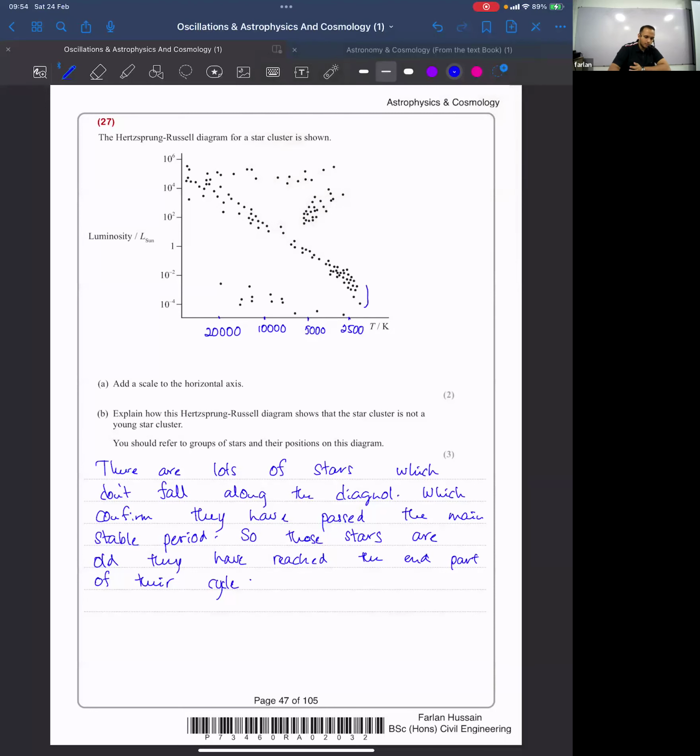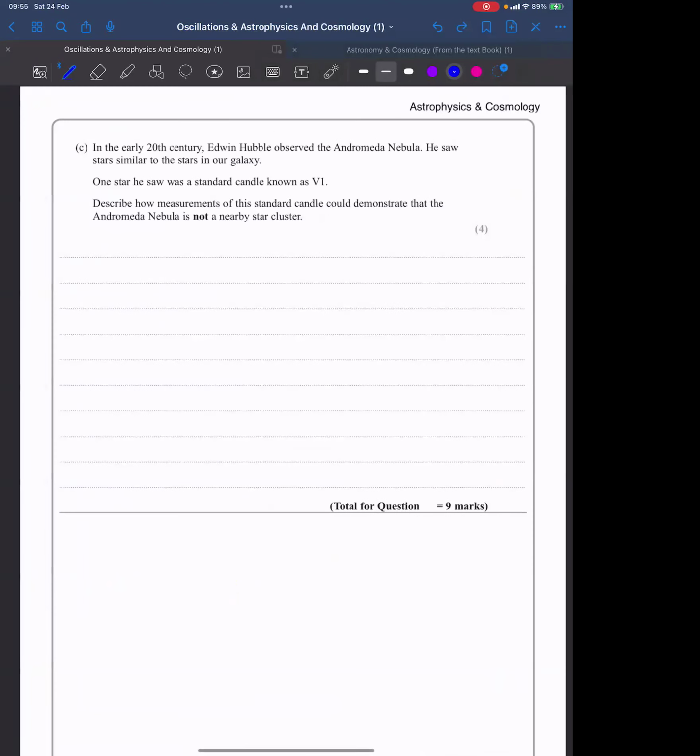If all the stars are falling here, that means they are still in the main stable period, so relatively they are young. These stars have gone past that, so they are not young anymore. They are towards the dead end of their life cycle. Right, the next one.